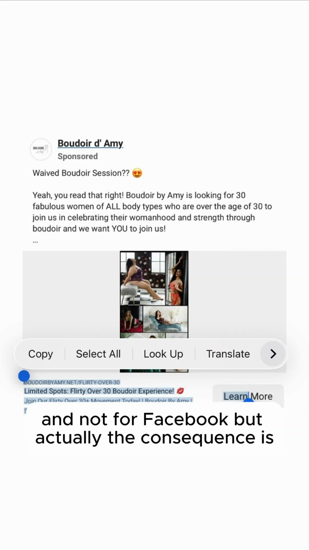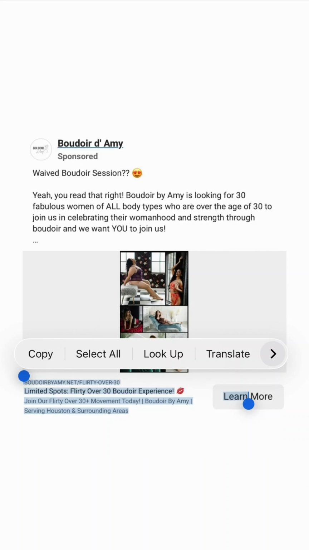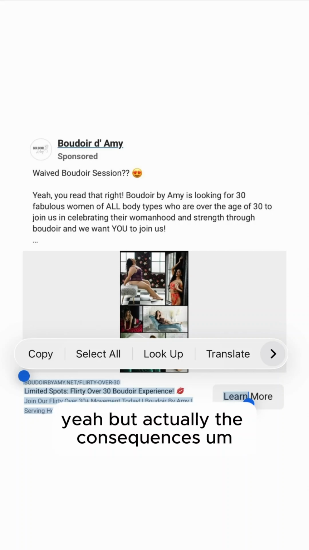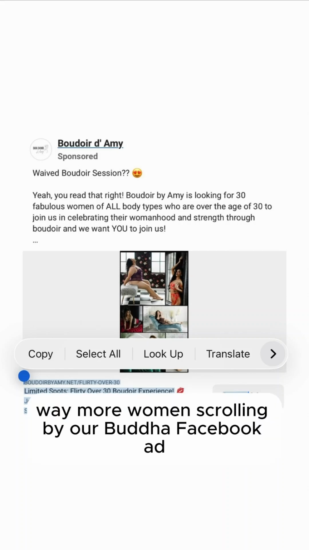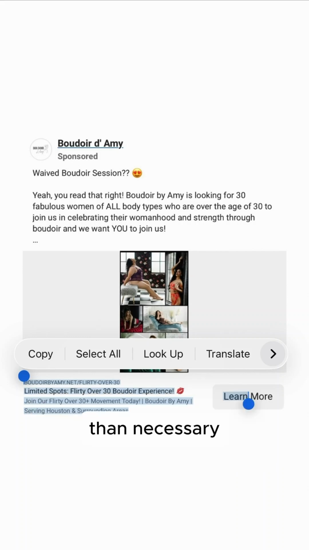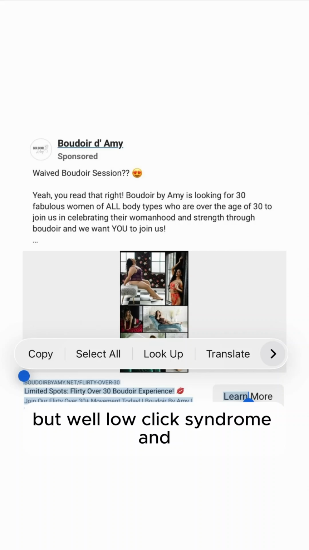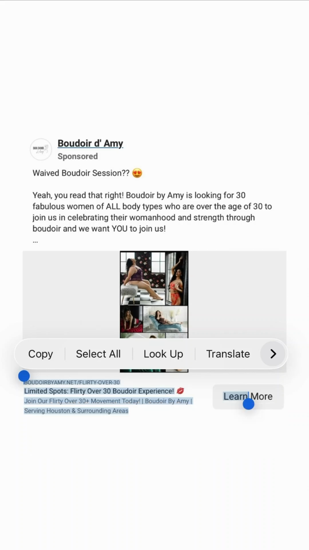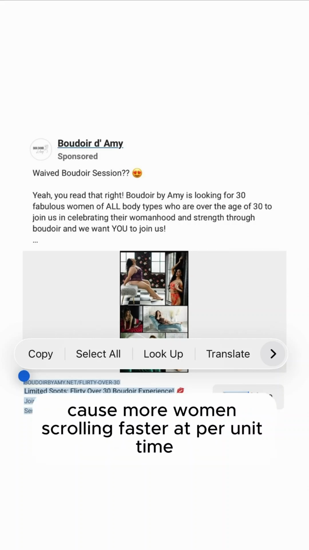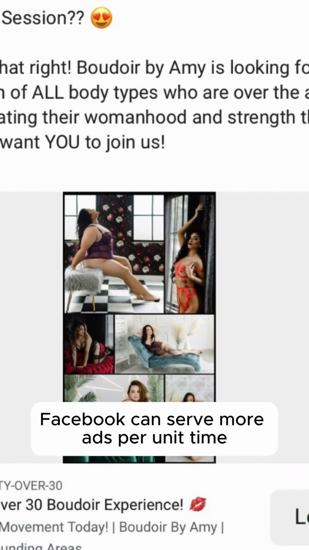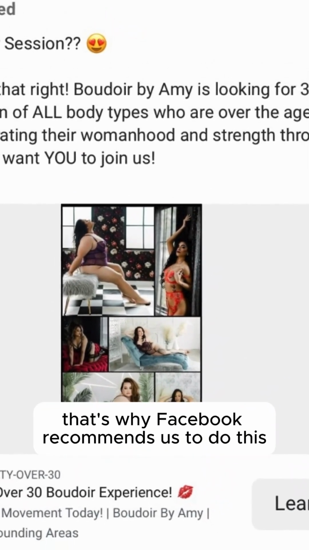But actually the consequence is way more women scrolling by our Boudoir Facebook ad than necessary, which pulls our unique CTR under 6% and contributes to BLCS, Boudoir low click syndrome. And Facebook actually makes more money per unit time from this, because with more women scrolling faster, Facebook can serve more ads per unit time. That's why Facebook recommends us to do this.